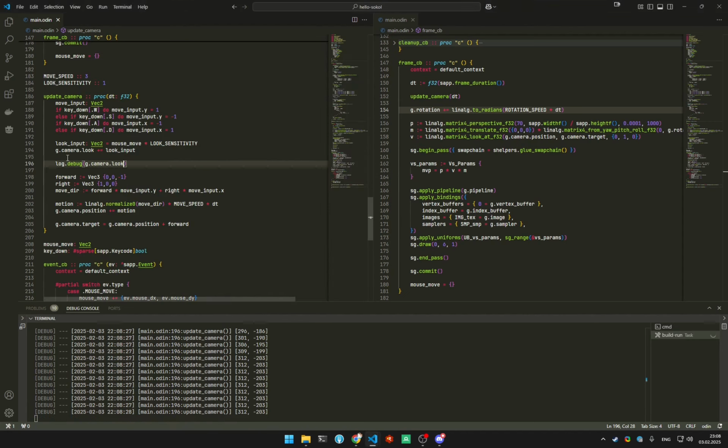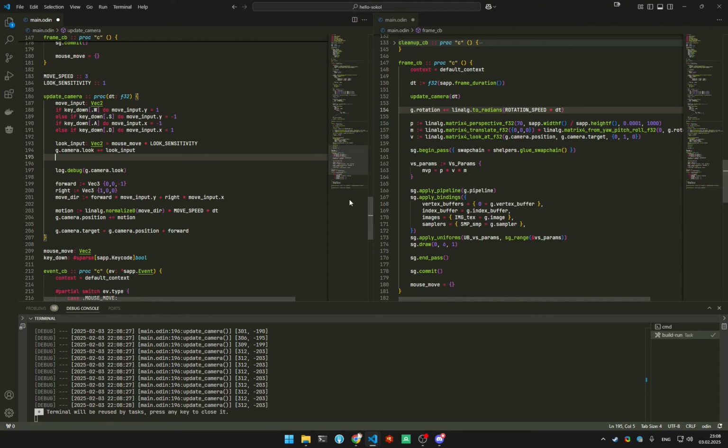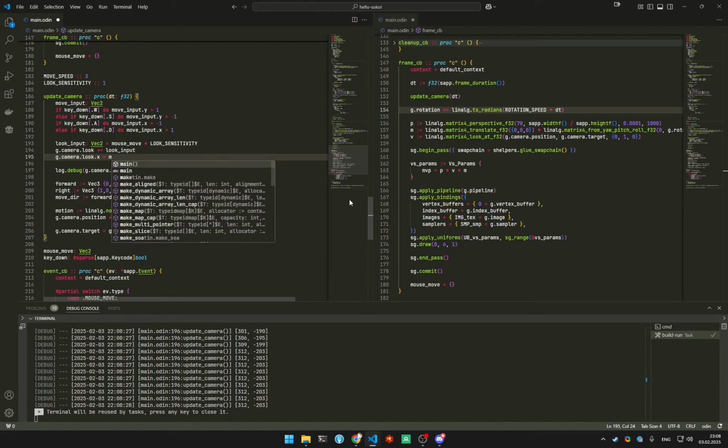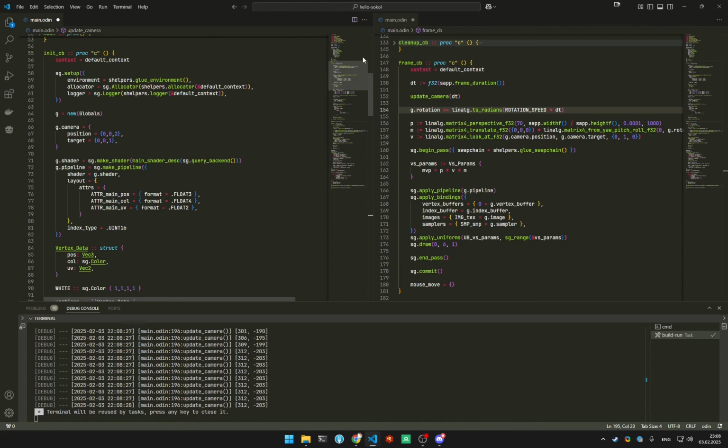What we want to do probably is to keep the values in some good range. So for example, for X value, which is our yaw rotation, it should be clamped, or rather wrapped, by 360 degrees, right?